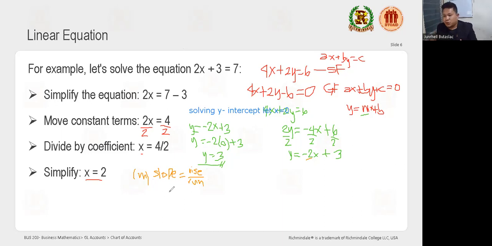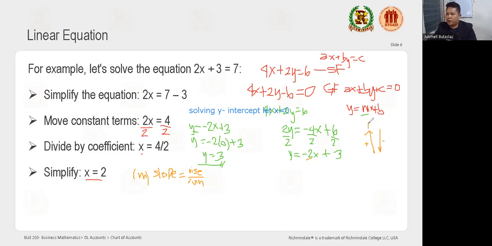So all you have to do is identify if it's rise or run. Speaking of rise, the direction of the point is going up if the numerator is positive. So it will go up if it's positive, then it will go down if it is negative.